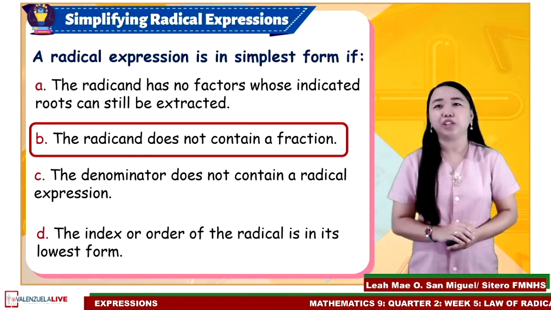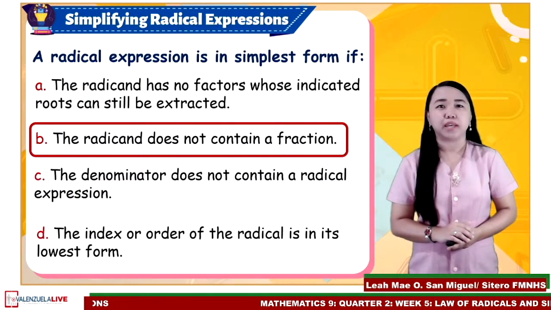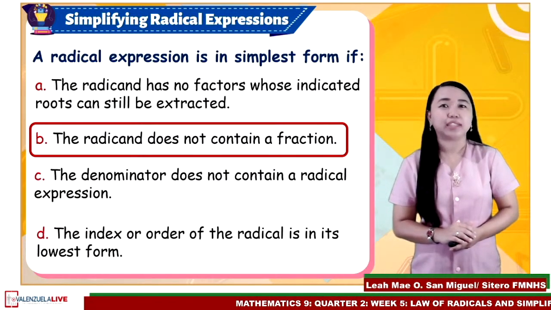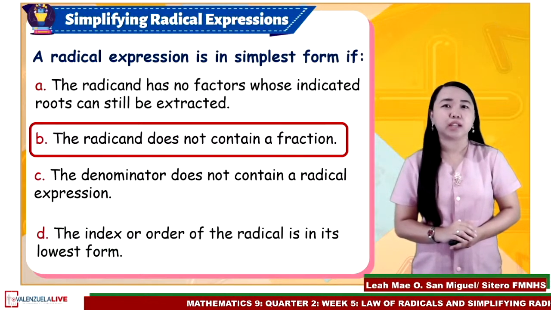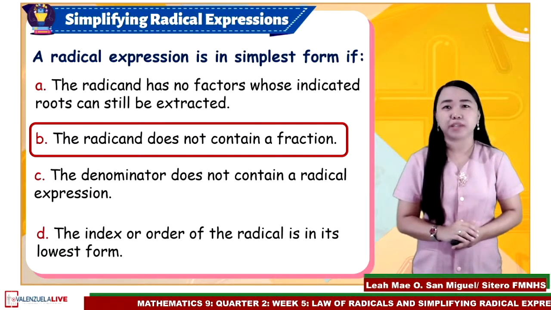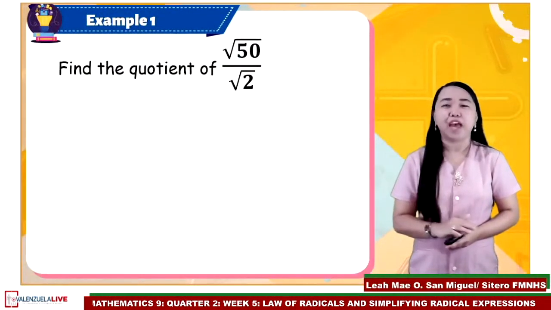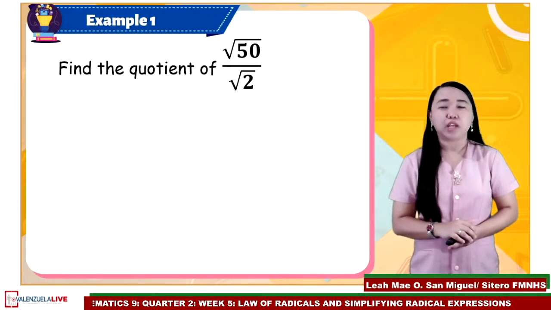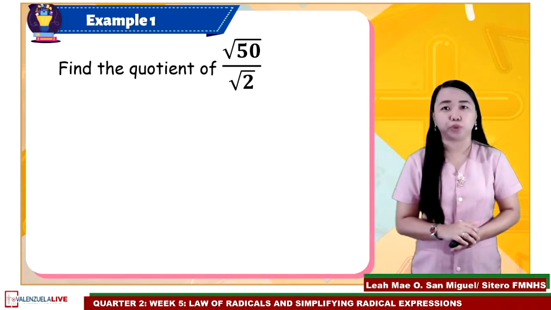For the second condition, the radicand does not contain a fraction. This means the radicand is not a fraction. The quotient rule for radicals will be applied for this condition. Let's have some examples. Example number 1. Find the quotient of square root of 50 over square root of 2.